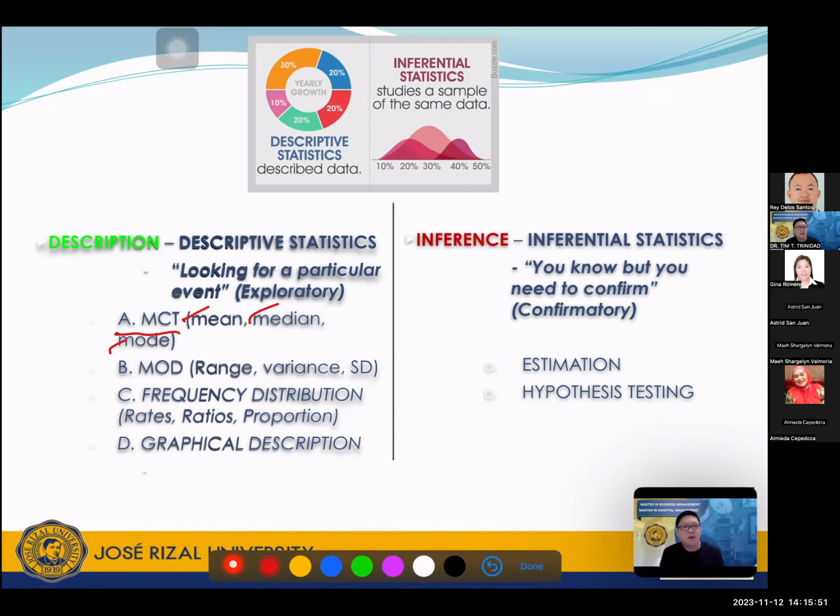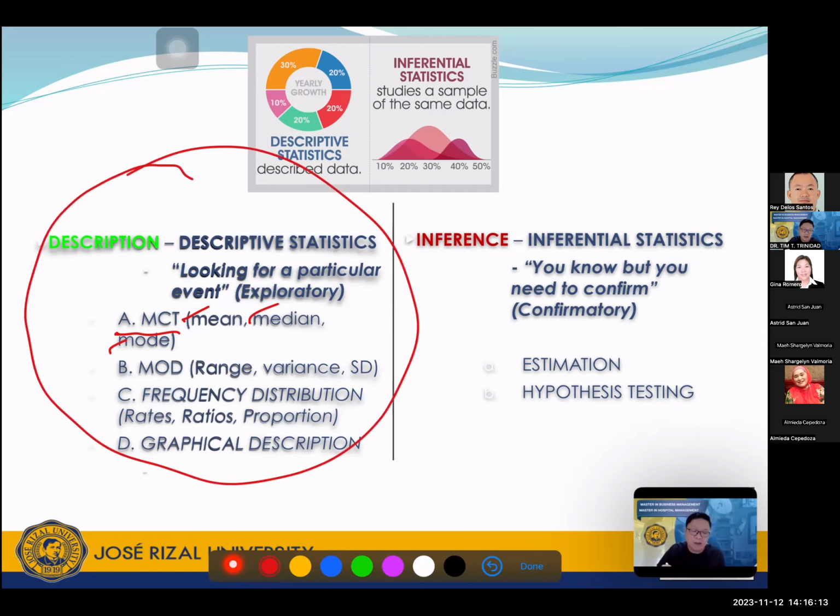Okay, so again, the descriptions that you're going to use for descriptive stat are your measures of central tendency, the measures of dispersion, which is your range, variance, and standard deviation, and your frequency distribution, your rates, ratios, and proportion, and of course, your graphical description. So this is the activity of a descriptive stat.